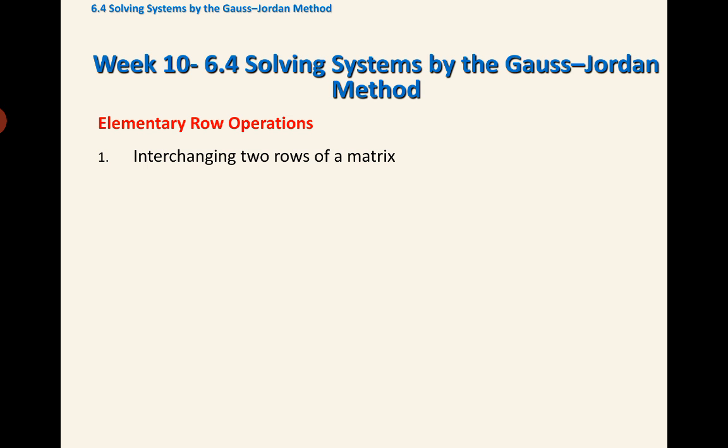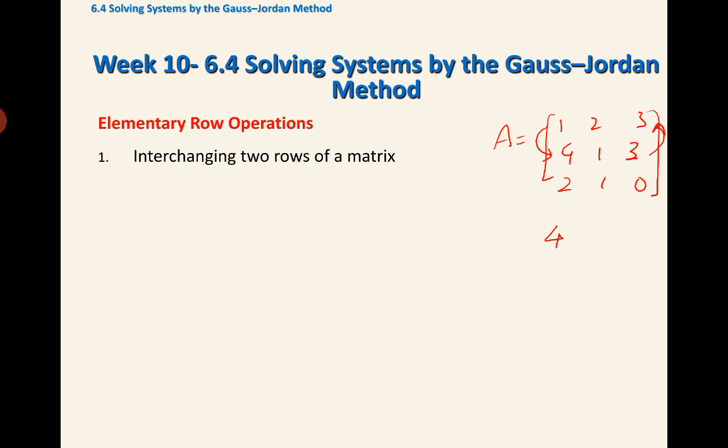Elementary row operation, the first point is interchanging two rows of a matrix. So if we are given a matrix A with rows 1 2 3, 4 1 3, 2 1 0, you can interchange any two rows, which is called the first elementary row operation. So any two rows you can interchange.